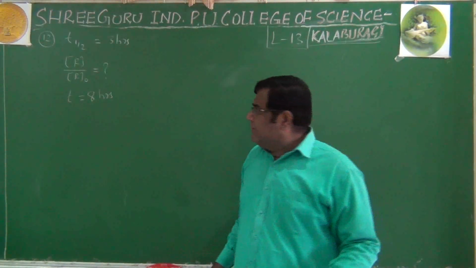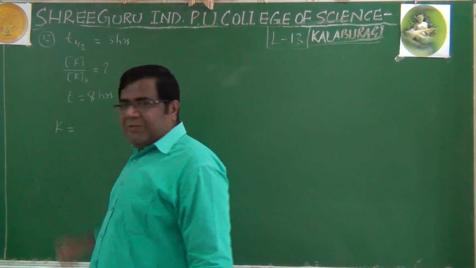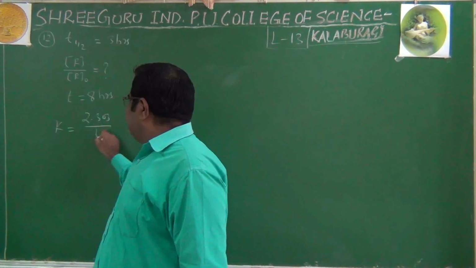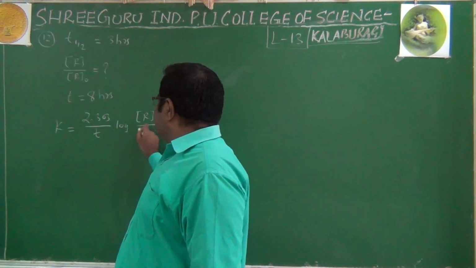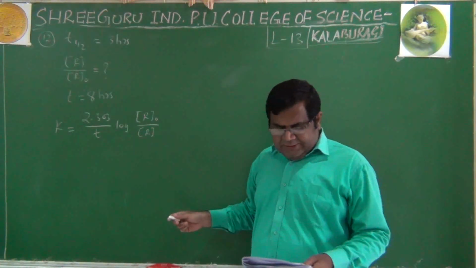Now we can start the solution by this formula. K equals 2.303 by t log of R0 by R, because it is the first order reaction as they said already.